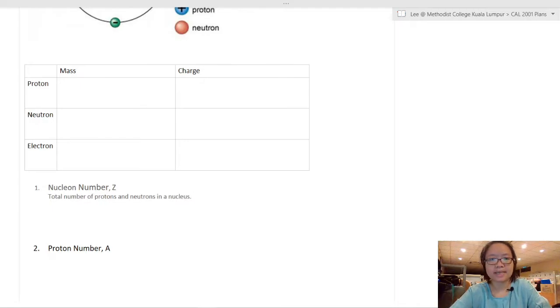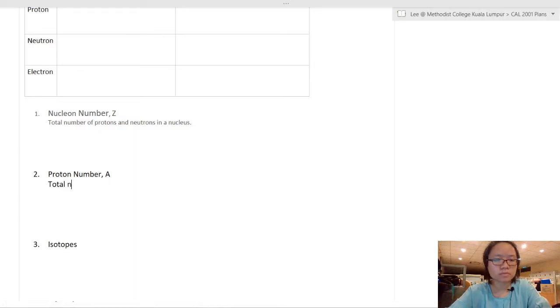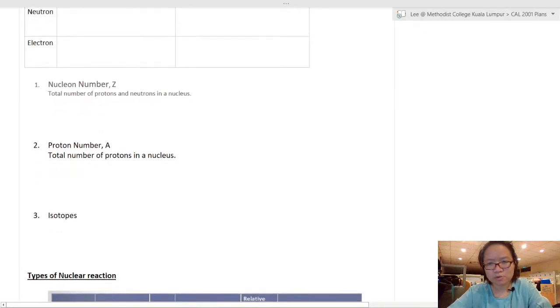Okay, and proton number, this would be the total number of protons in a nucleus. By the way, I'm also pretty sure you know what an isotope is, right?